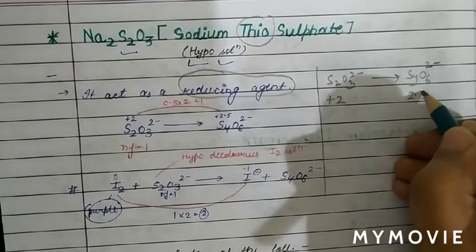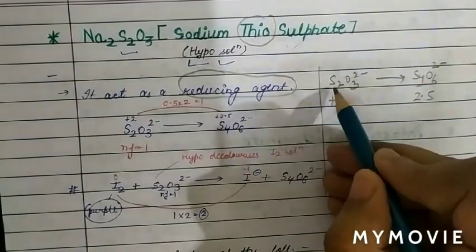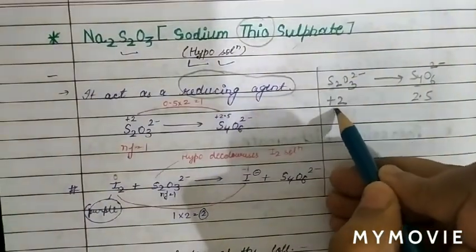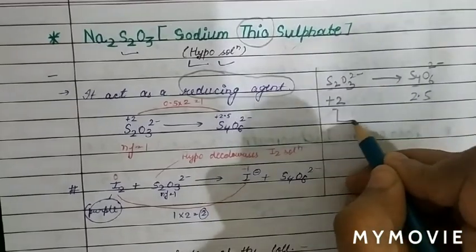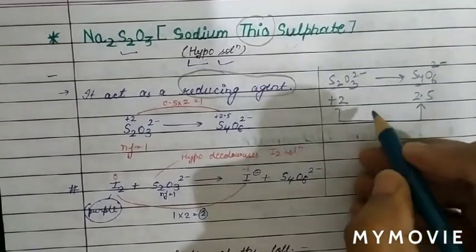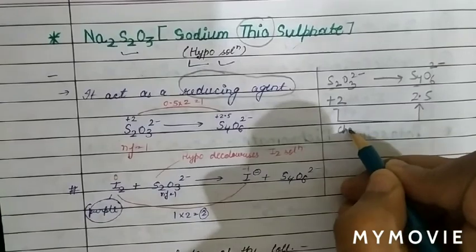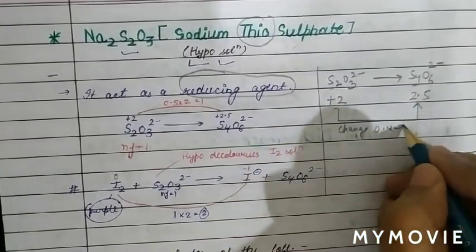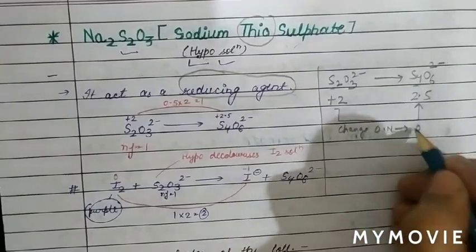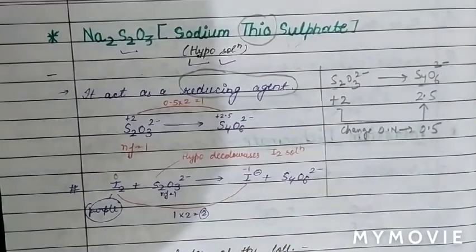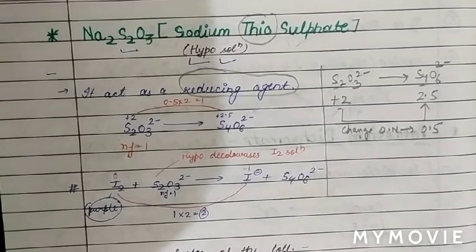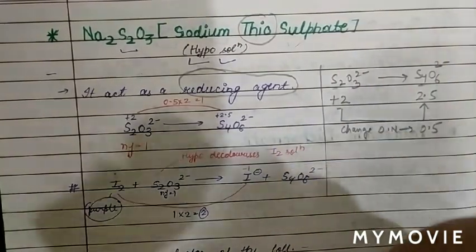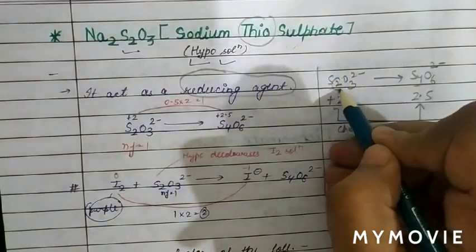As the change is going from this side to this side, therefore we see the change according to this atom. As for one atom change is 0.5, so for two atoms overall change will be 0.5 into 2. So this is the overall change, and overall change we call n factor. So the n factor of this compound in this reaction is 1, as 0.5 into 2 is equal to 1.